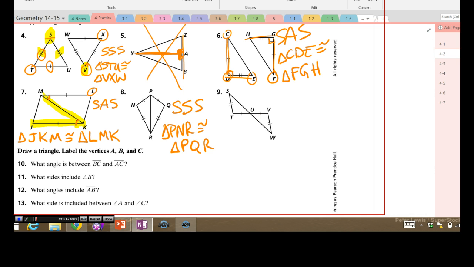So the angle in here would be congruent to the other angle. Hey, does that help us? Well, that would be an angle, then a side, then a side. Yeah, that's the theorem that doesn't exist. Angle, side, side. So this one, you cannot be sure that these are congruent.